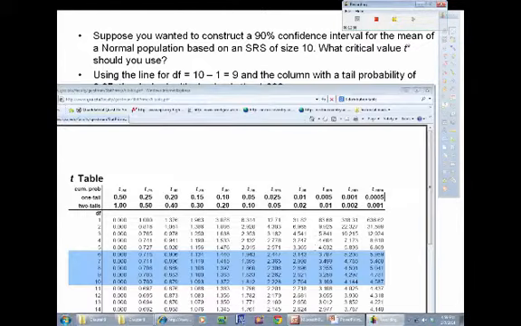1.833. Okay, so looking at this, I'm showing you the table. This is table 3, or table T, the T distribution. I go to 90, and I come down here to 9 for my degrees of freedom, and 0.05, which is what we should have. So 0.05 is 1.833.